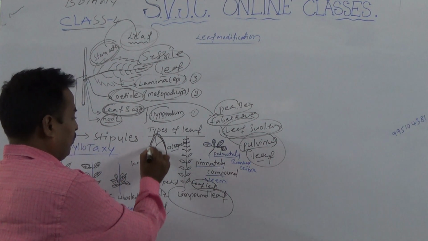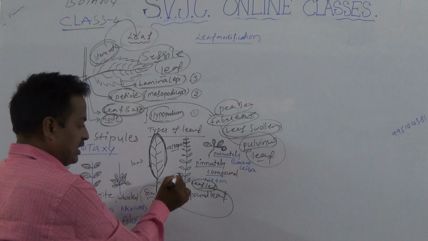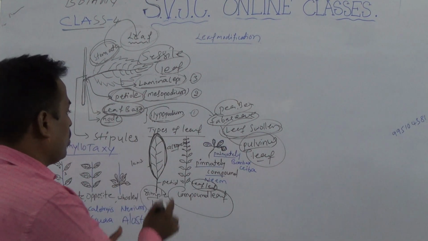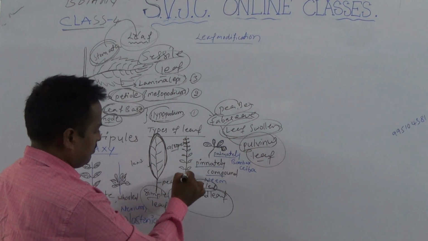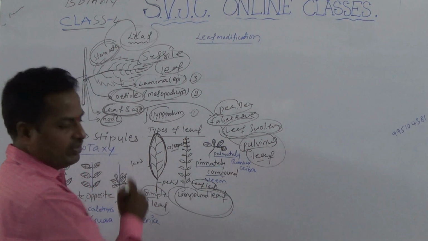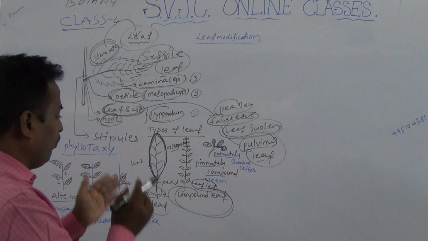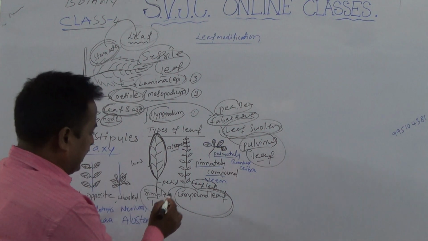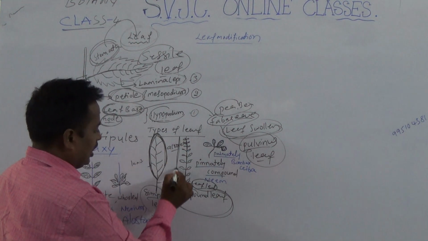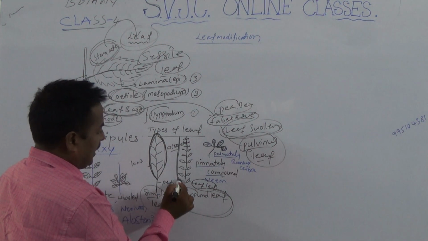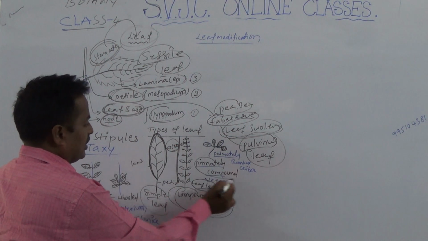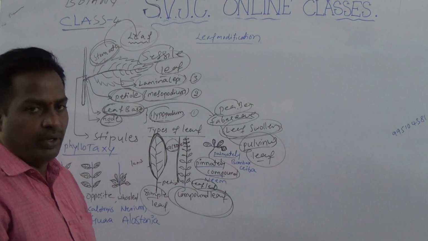So this is the leaf, this is a leaflet. Leaflets arranged on a common axis is called a compound leaf. If the leaflets are formed from base to apex and arranged in acropetal succession, it is a pinnately compound leaf.